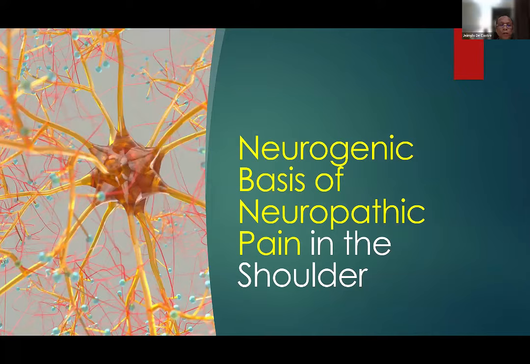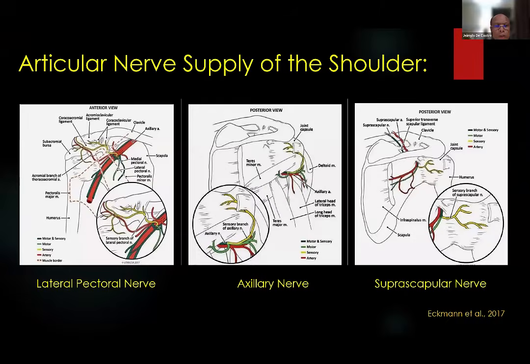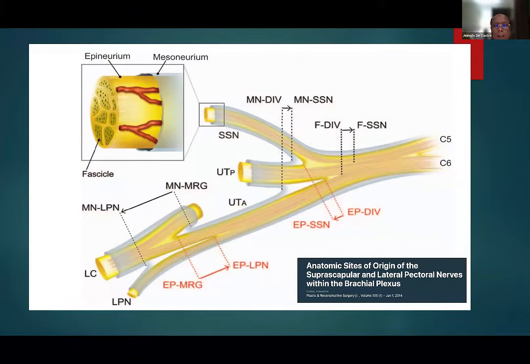So there's a neurogenic basis of neuropathic pain in the shoulder. As you can see, the shoulder is innervated by three major nerve supplies. We have the lateral pectoral nerve, the axillary nerve, and of course, the suprascapular nerve. Let me cite this study on the anatomic sites of origin of the suprascapular and lateral pectoral nerves.